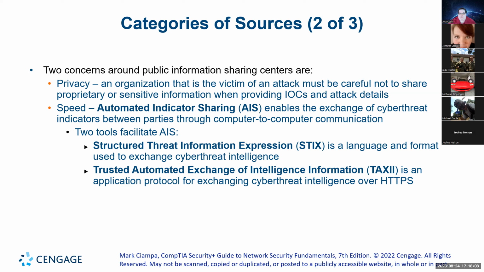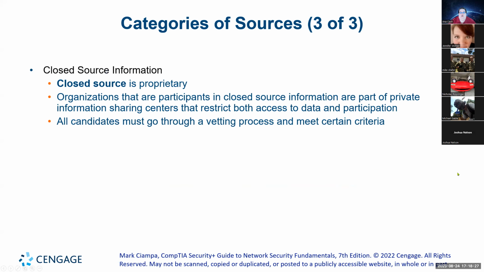And then trusted automated exchange of intelligence information, or TAXII. I swear they just cram these in so that they sound like words. It is an application protocol for exchanging cyber threat intelligence over HTTPS. So, STIX and TAXII.